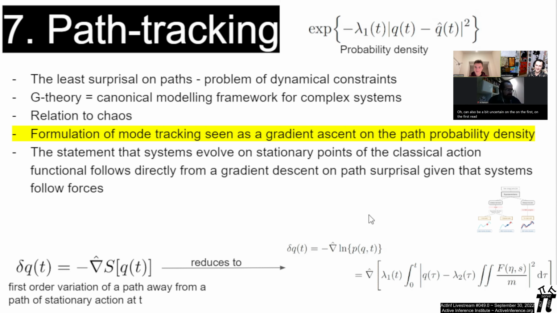Ollie? Yes, I also wanted to mention that active inference is kind of subsumed in this type of path tracking systems. And also the initial formulations of FEP up to 2019.